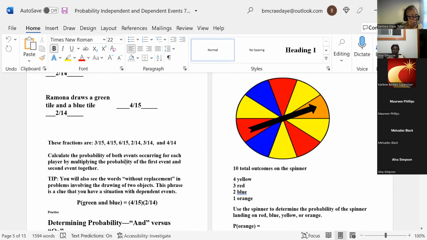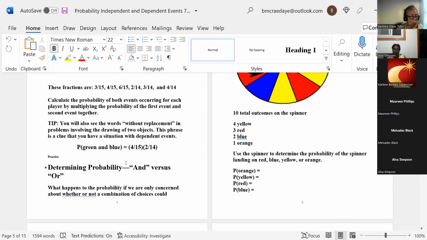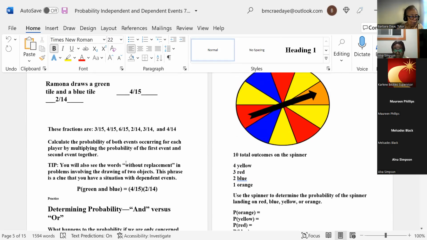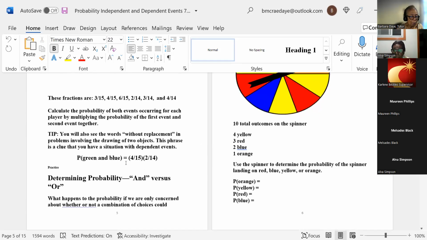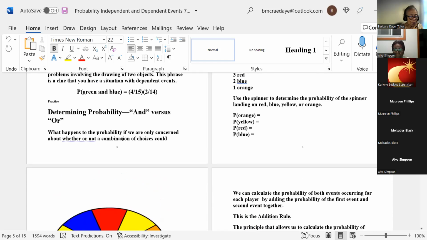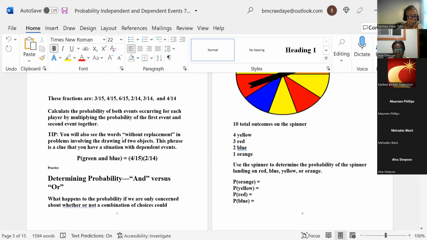Now, if you want to calculate getting the red and the blue, then you have to do what we call multiplication. So green and blue would be green probability times blue probability. Remember, that's a 14. Okay.